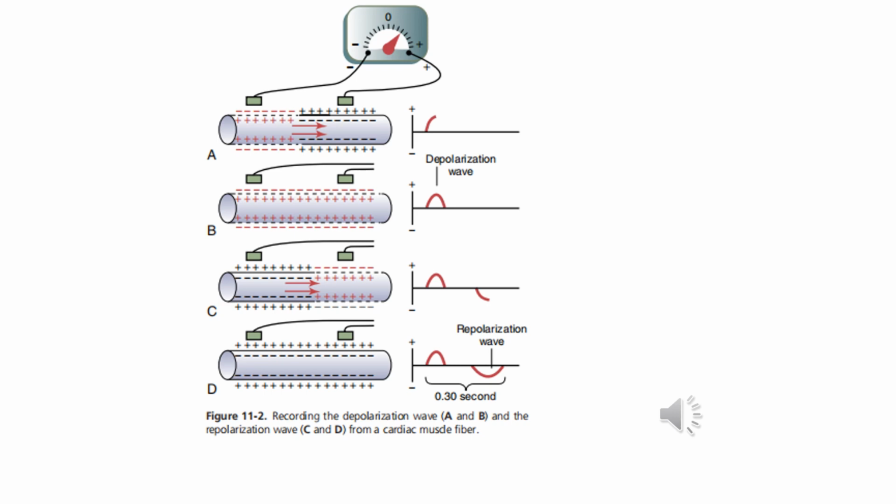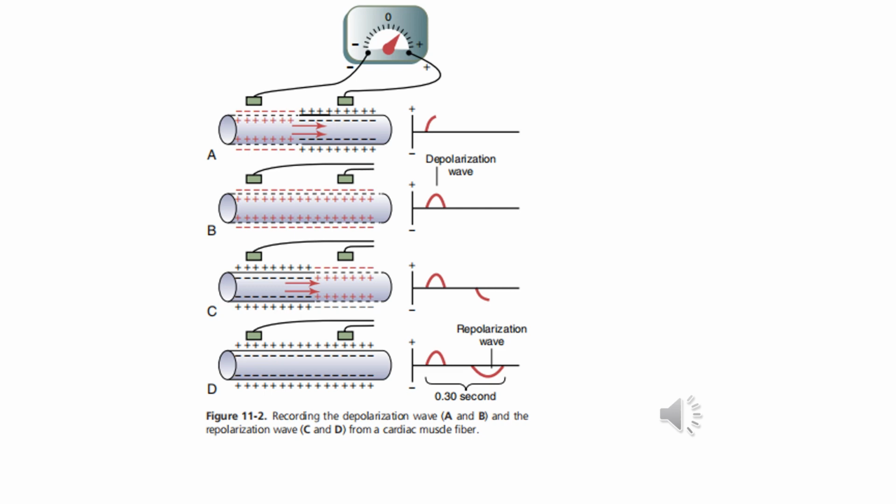Figure 11.2c shows halfway repolarization of the same muscle fiber, with positivity returning to the outside of the fiber. At this point, the left electrode is in an area of positivity, and the right electrode is in an area of negativity. This polarity is opposite to the polarity in Figure 11.2a. Consequently, the recording, as shown to the right, becomes negative.